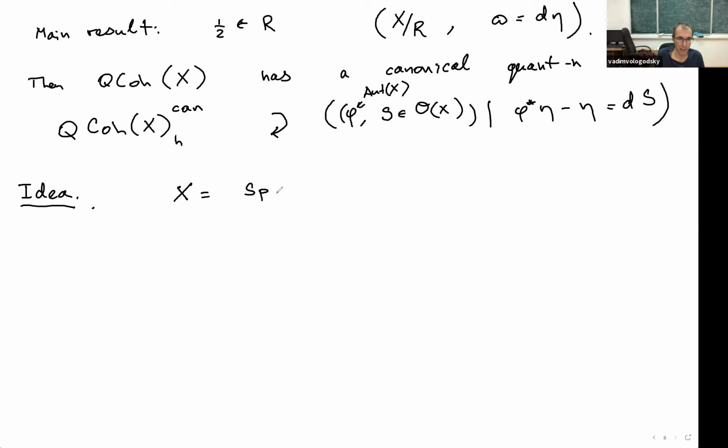You take just power series in 2n variables. And here you do have a quantization, so it has a map to Y, which is going to be a formal spectrum, another formal disk. It's a formal spectrum of these guys.